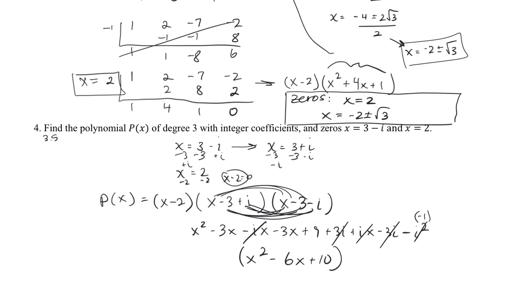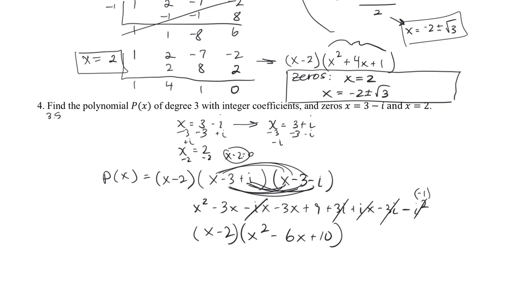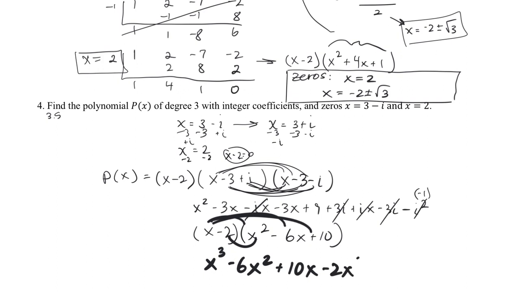Now we've got to multiply it with the x minus 2 to give us x times x, x cubed, x times negative 6 is negative 6x squared, x times 10 is 10x. Negative 2 times x squared is negative 2x squared. Negative 2 times negative 6x is positive 12x.